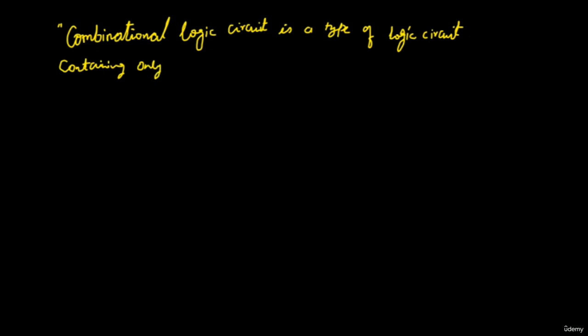Combinational logic circuit is a type of logic circuit containing only logic gates. Well, I hope you remember the logic gates that we have studied.